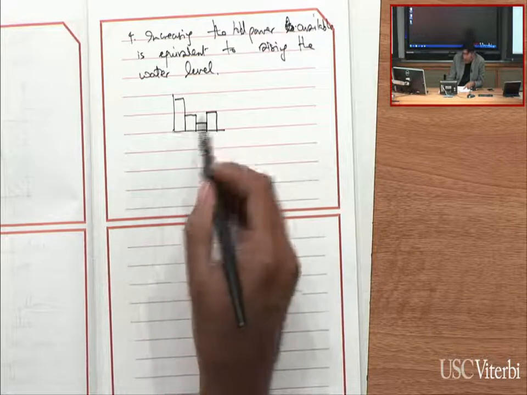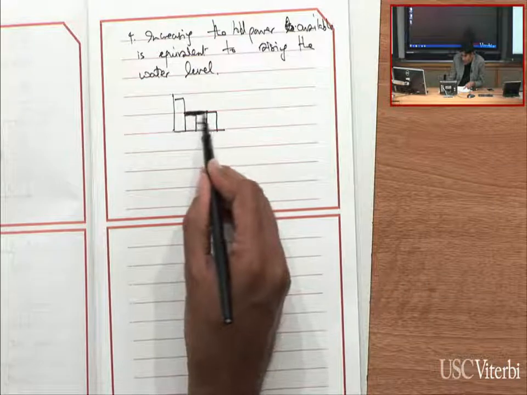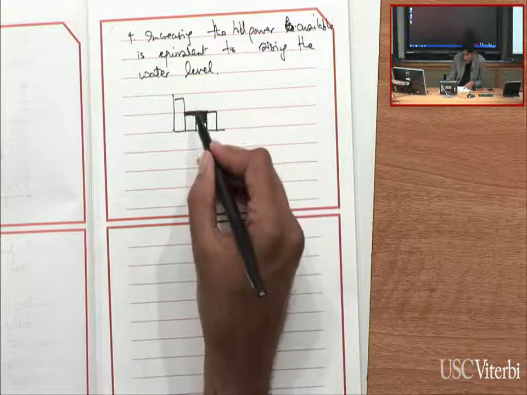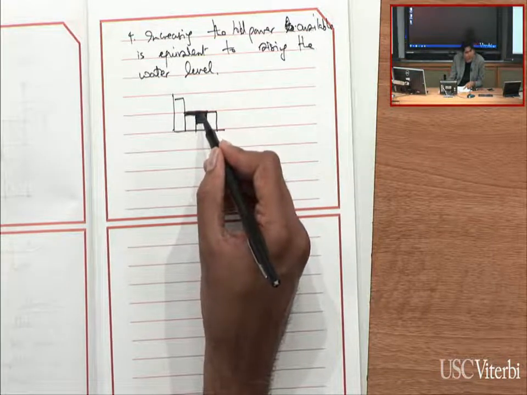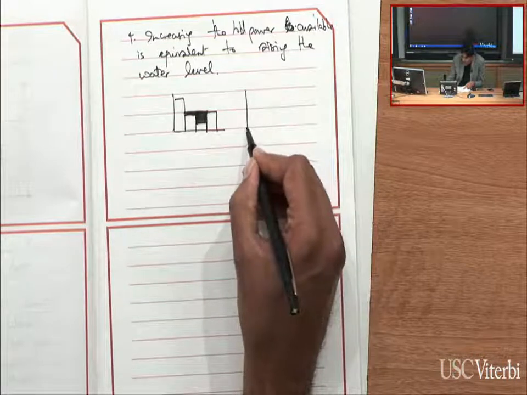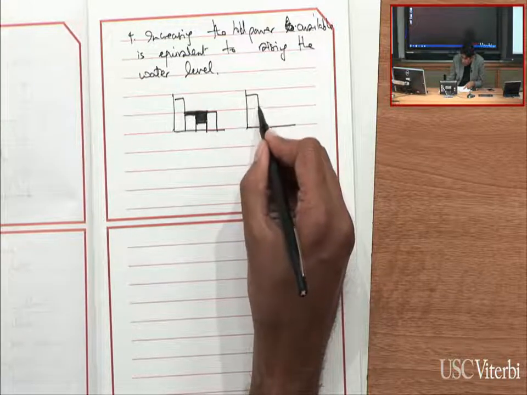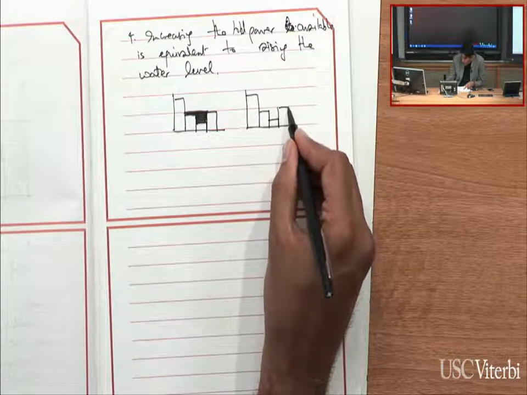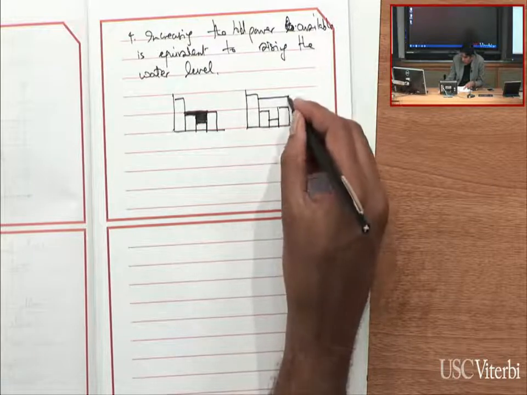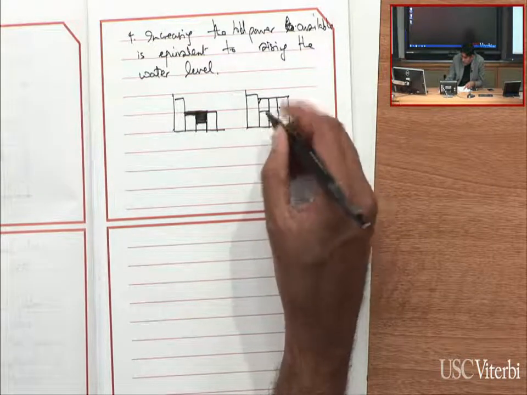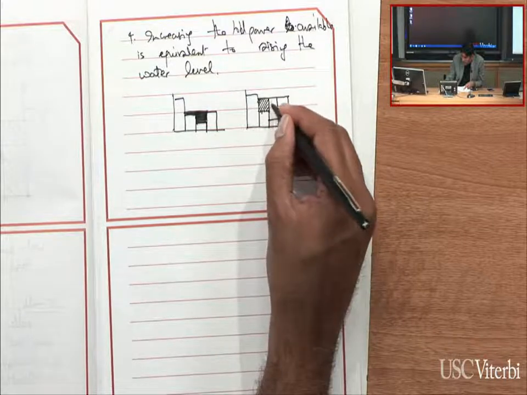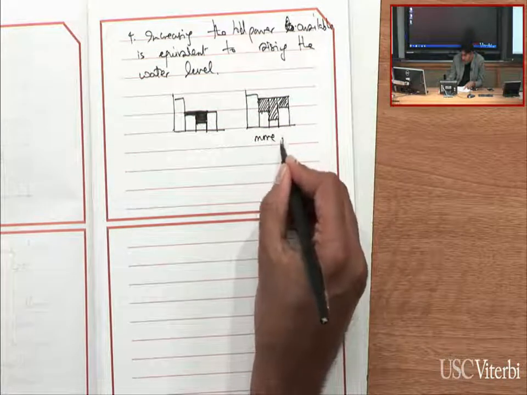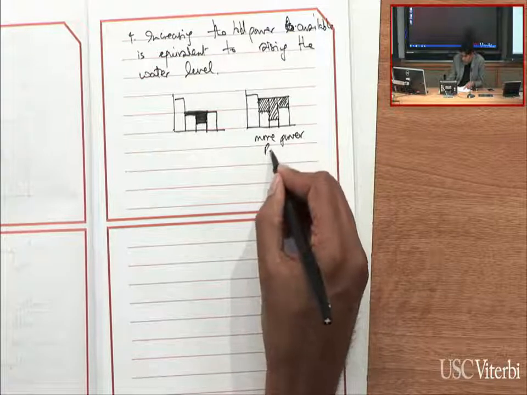So let's say this was our original picture. This is how much power we had to allocate originally. Okay. So a certain amount of power goes into this channel, a certain amount of power is going into this channel. Now if I have more power to allocate for the exact same setup, so this is more power, P total.